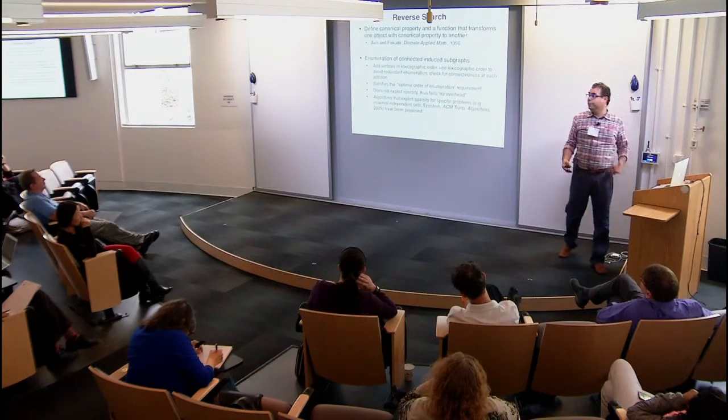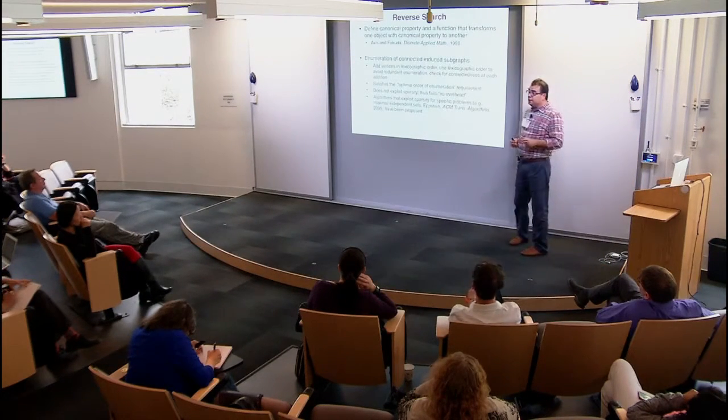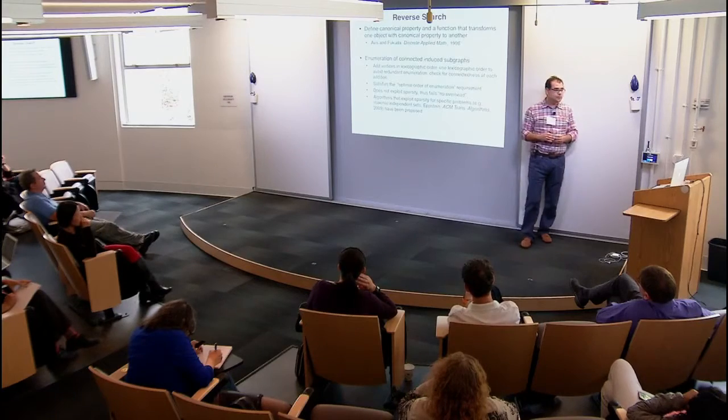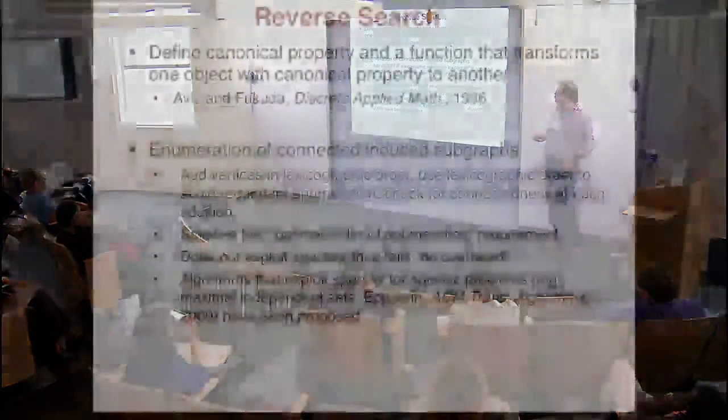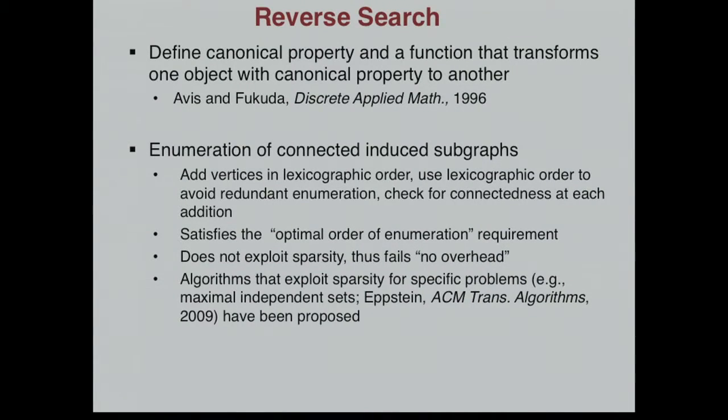Then when I talked to people on how this can be done, almost everybody said, oh, yeah, you can do it using reverse search. And when we looked at reverse search, I noticed that this is probably why people didn't pay attention to this problem before, because reverse search really does it, but it does it if the graph is small, and sparsity is not a concern.